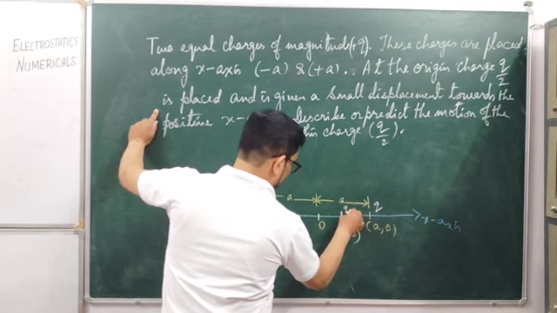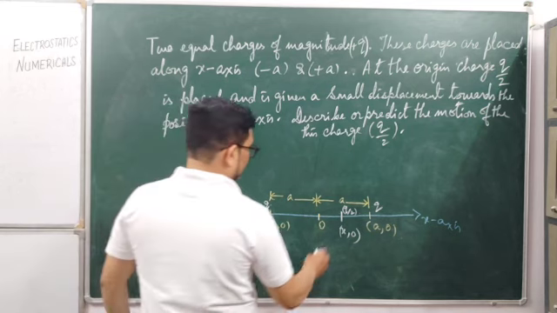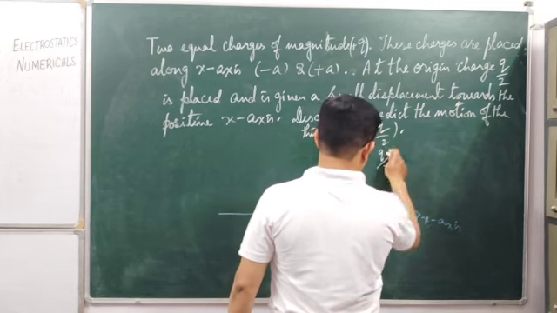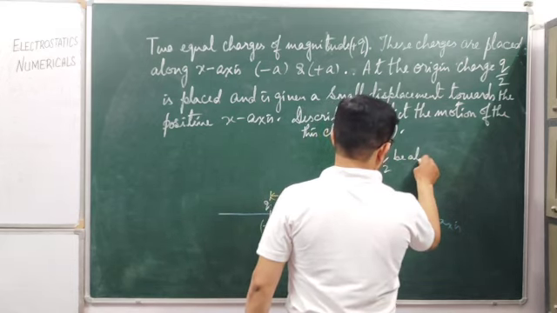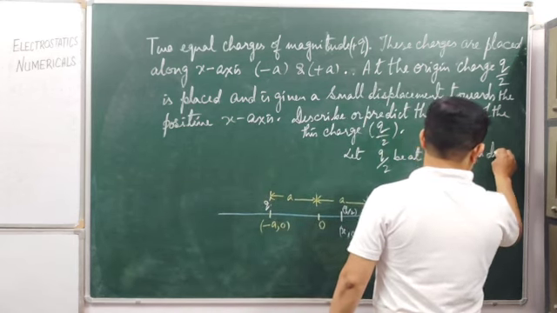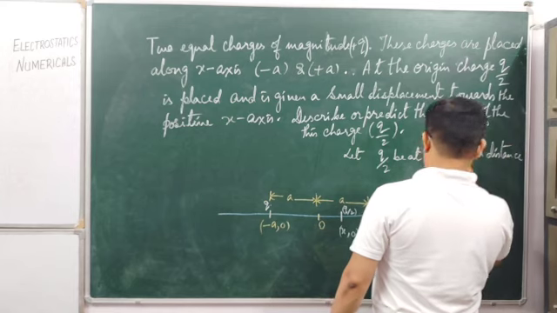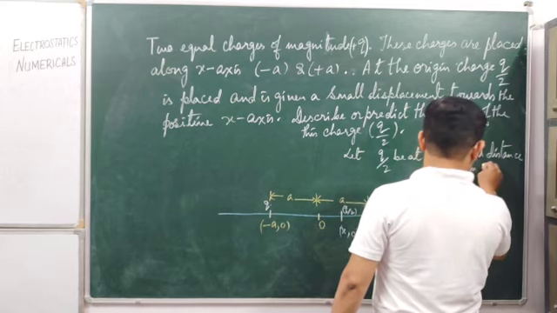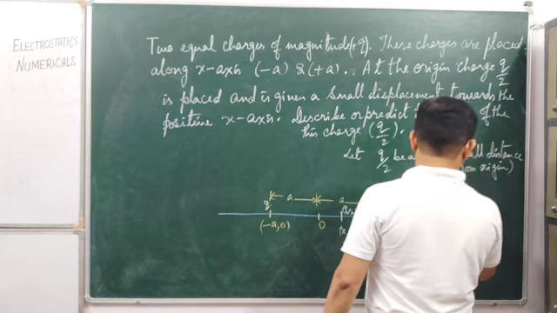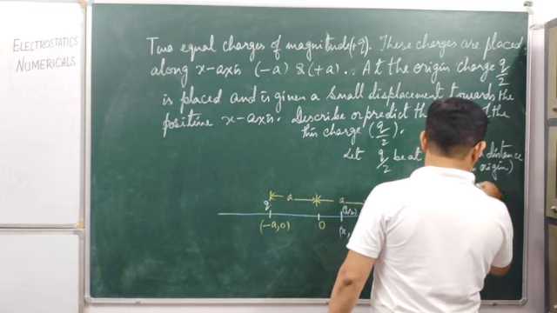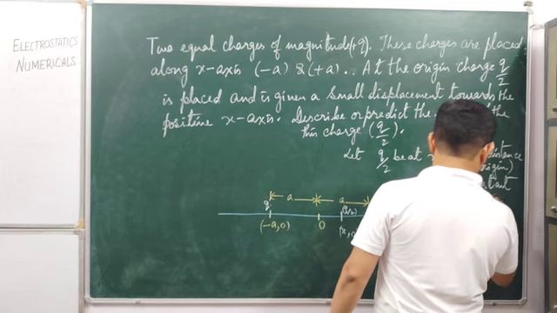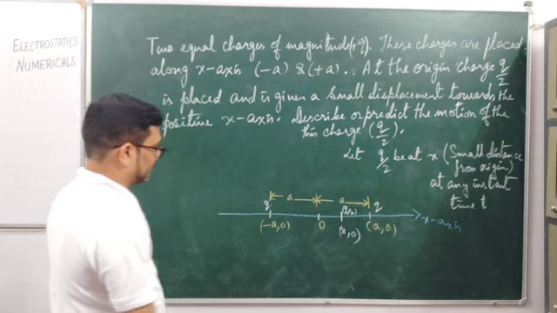Let Q by 2 be at x, which is a small distance from the origin, at any instant of time t.